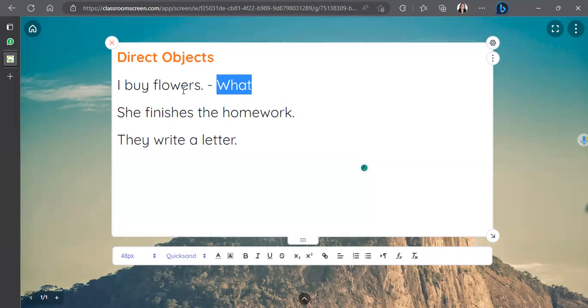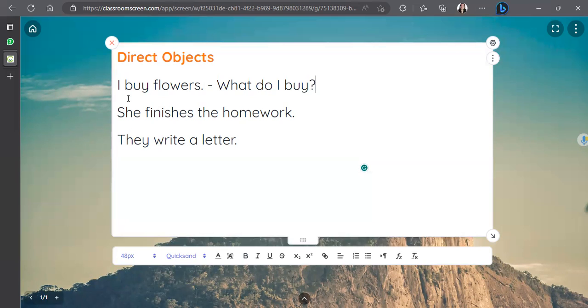I use the question and the verb that I have here. So for example, what do I buy? I am using do, okay, because this is simple present. So that is why I am using it. And as you can see, I am using the same verb. Now, if I can answer the question, what, that is going to be the direct object.